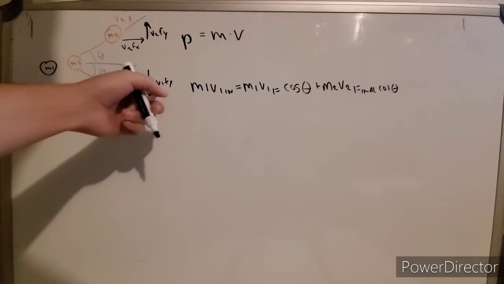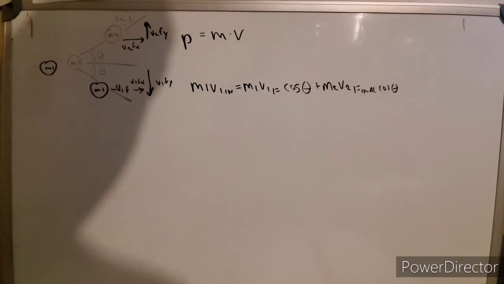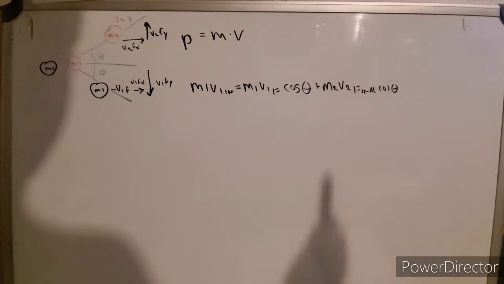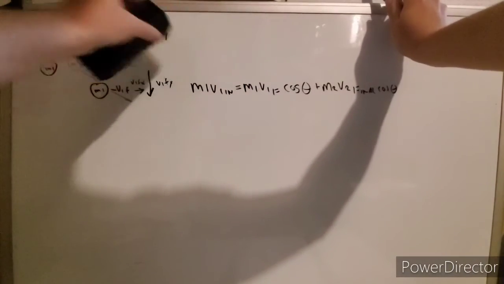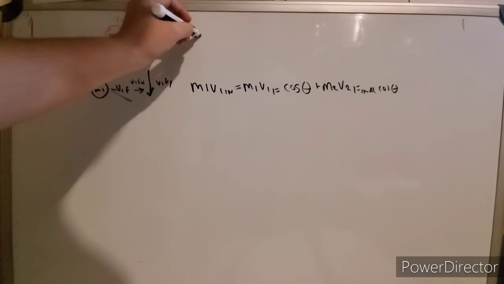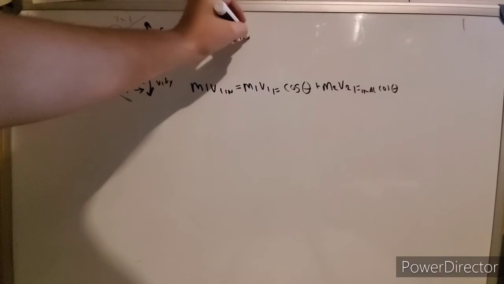This side is v1, and the top part is v2. The top part would be m2 v2 final sine theta.